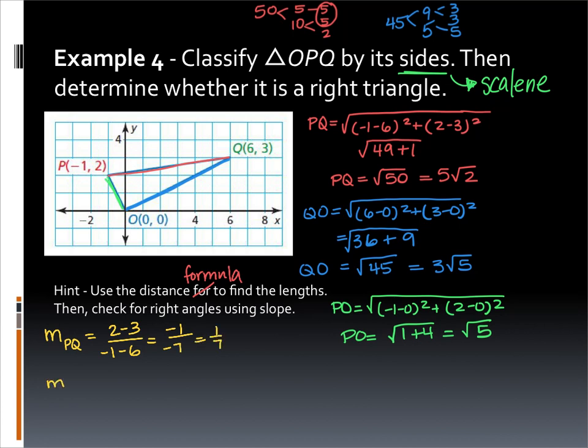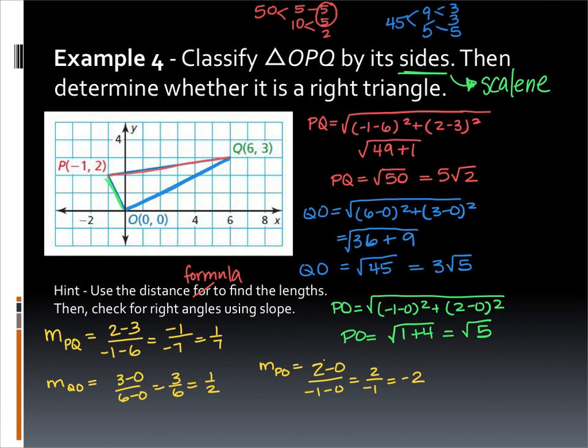The slope of QO is going to be 3 minus 0 over 6 minus 0, which is 3 over 6, which is 1/2. And then the slope of PO would be 2 minus 0 over -1 minus 0. So that's going to be 2 over -1, which is -2.